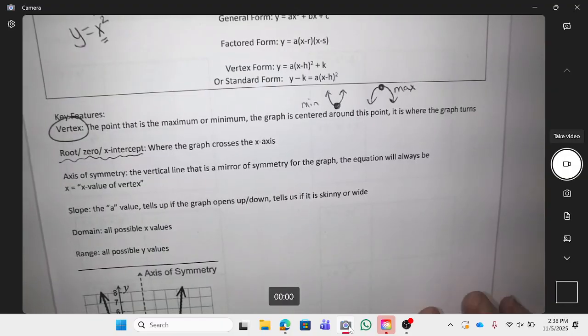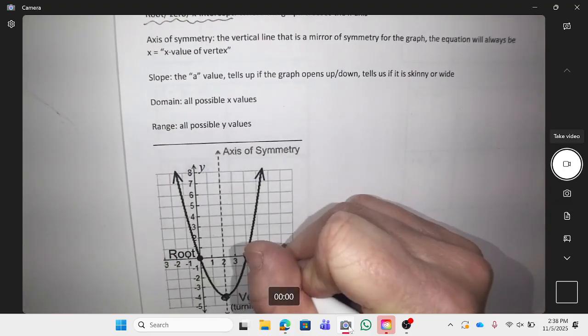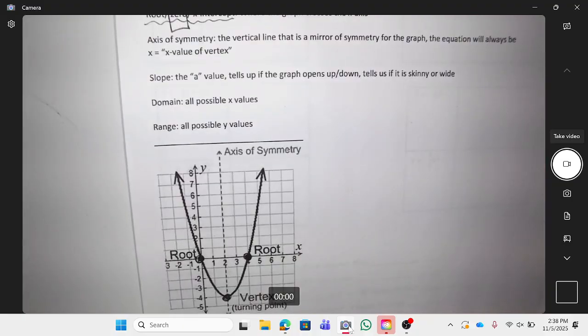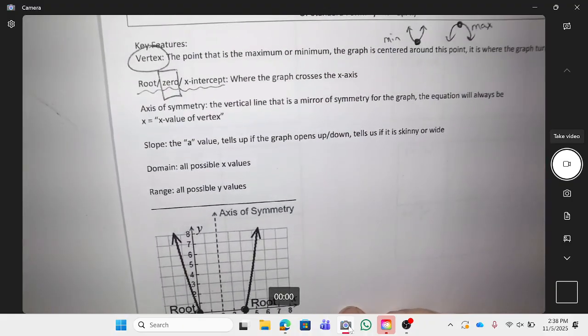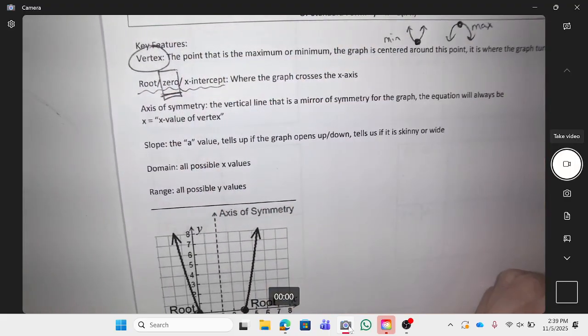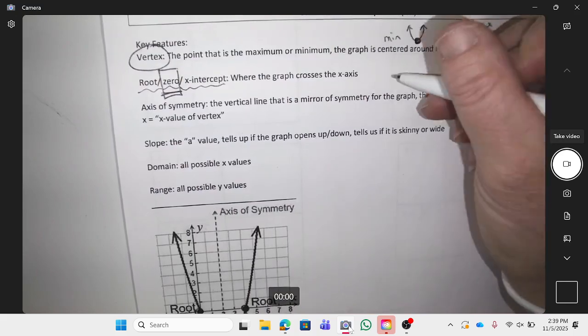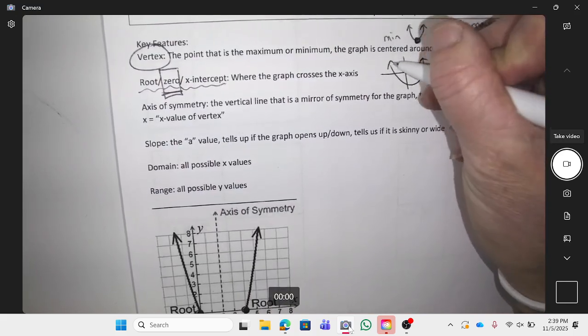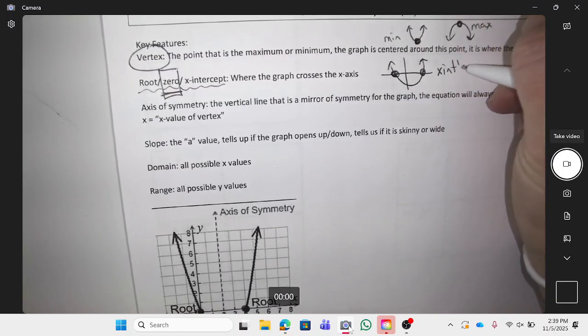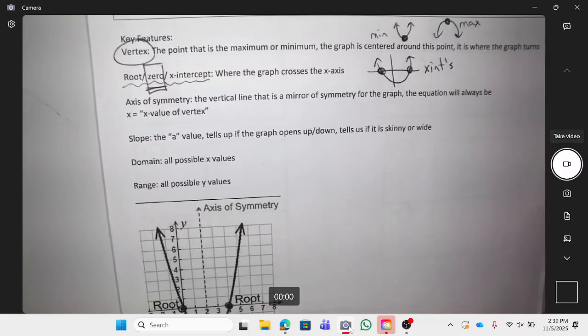Okay, but on your calculator, it uses the word zero. You need to know that a zero on your calculator means the x-intercepts. Okay, and you've done x-intercepts on linear graphs.